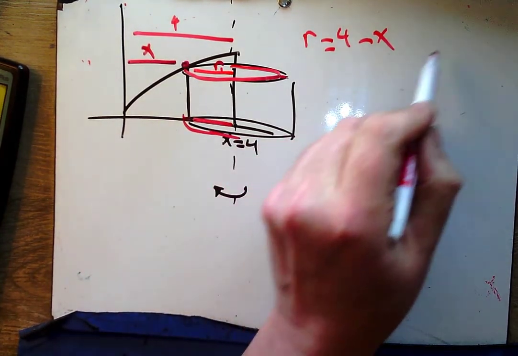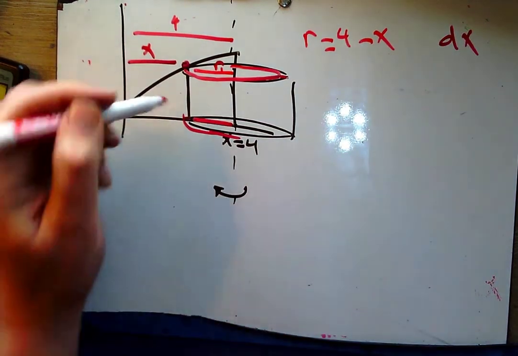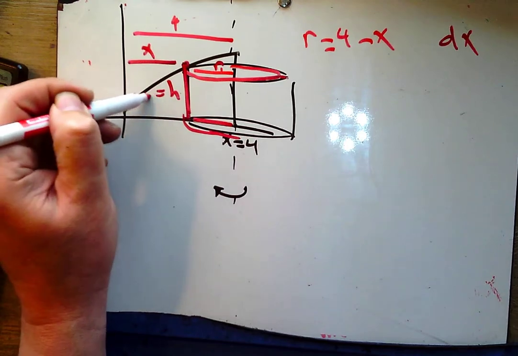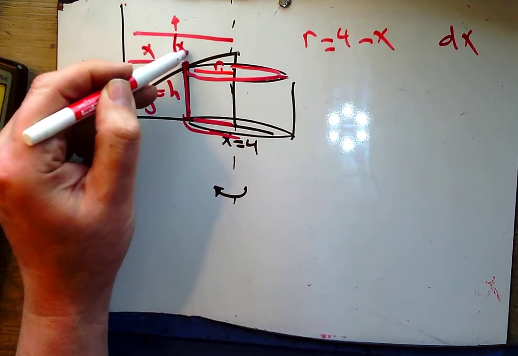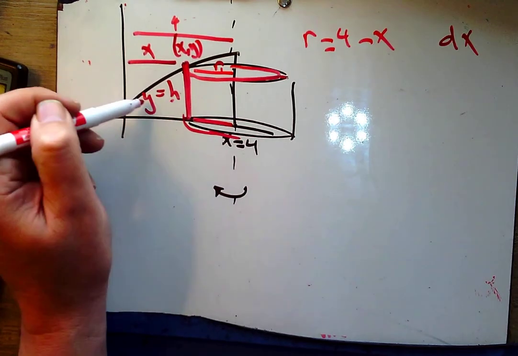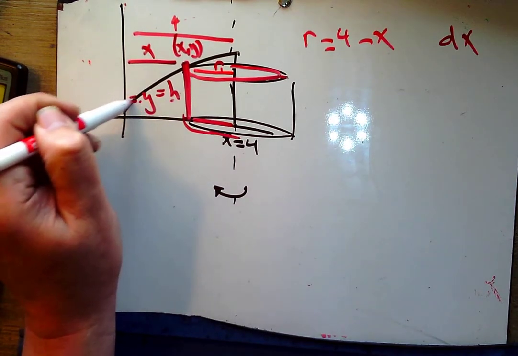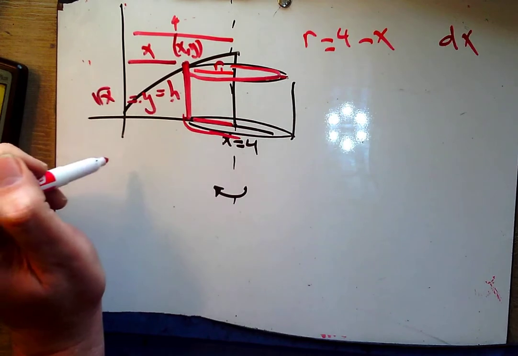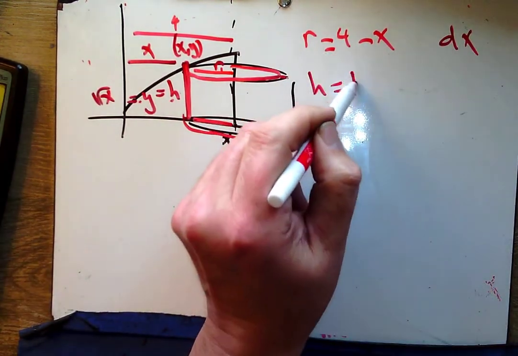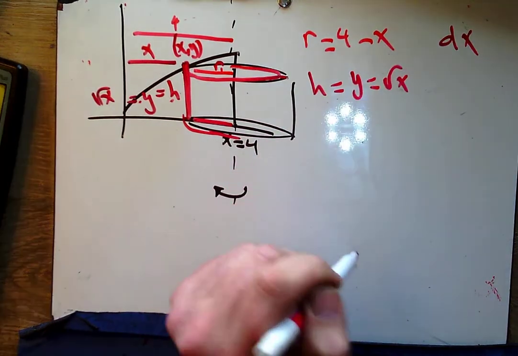This is a dx shell, and the only thing I still need is the height, which conveniently is my y value. Right? This is xy, this distance, the height is that y value. And we know in this problem that y equals square root of x. So h equals y, which equals square root of x.